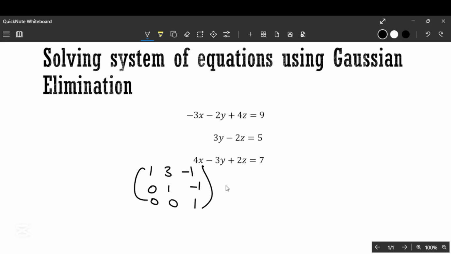Now, a matrix is in a row echelon form if the first non-zero entries of the rows are equal to 1. So in this case, the first non-zero entries are all equal to 1. Now, the first non-zero entry of consecutive rows also appears to the right, and that is what we have here.